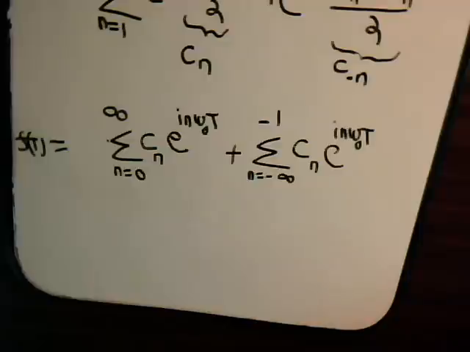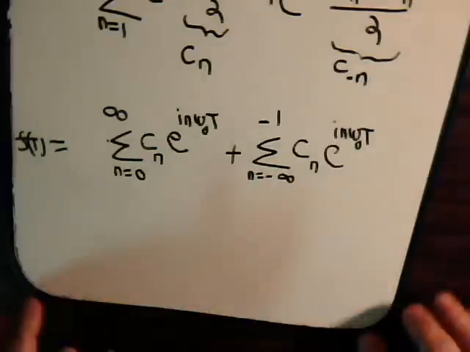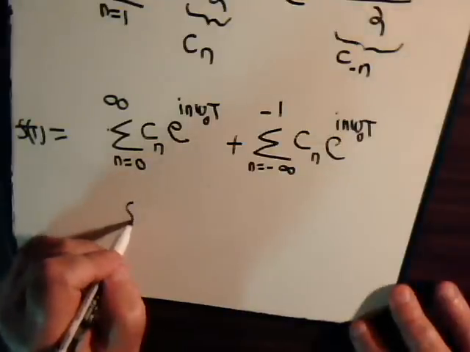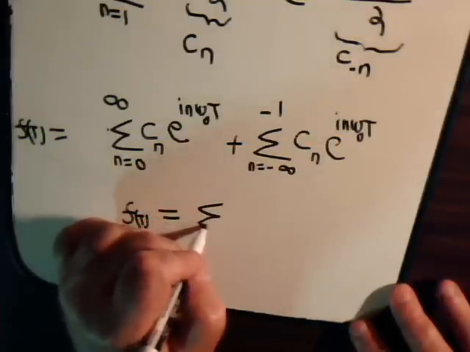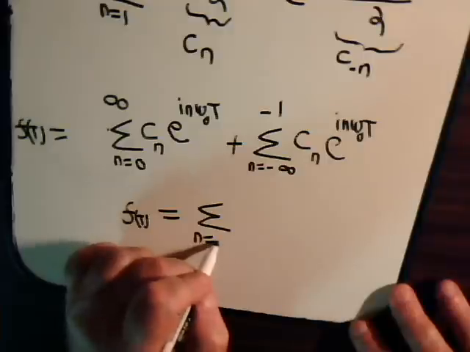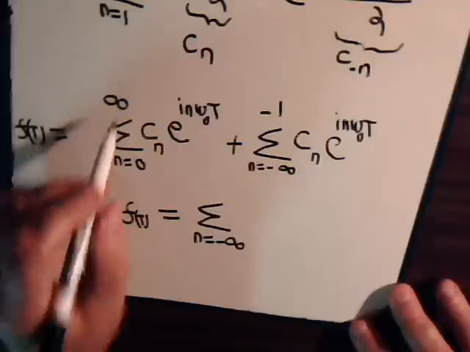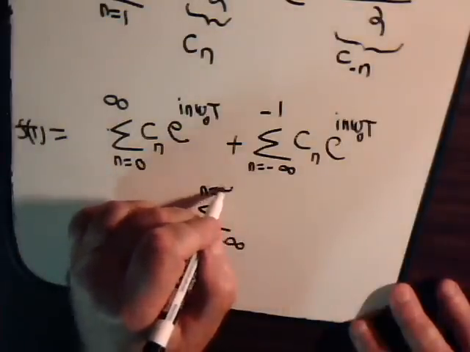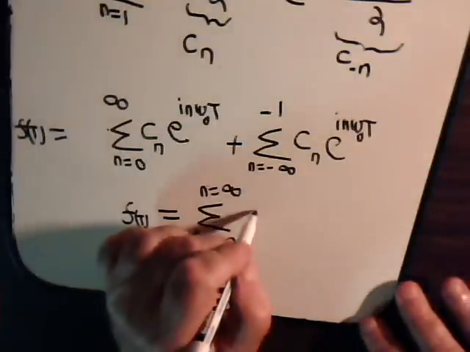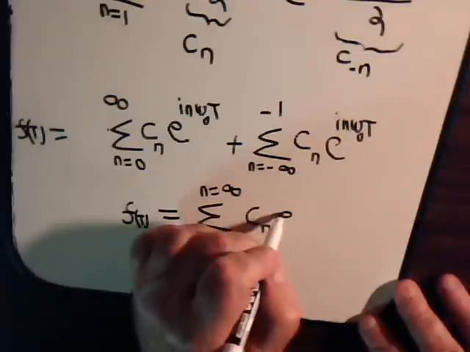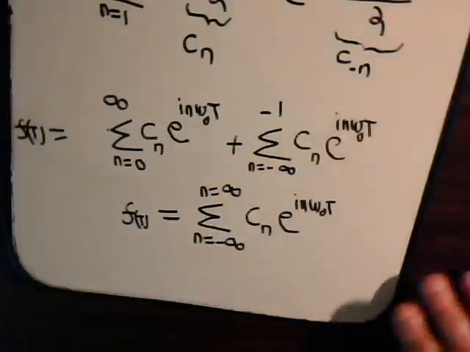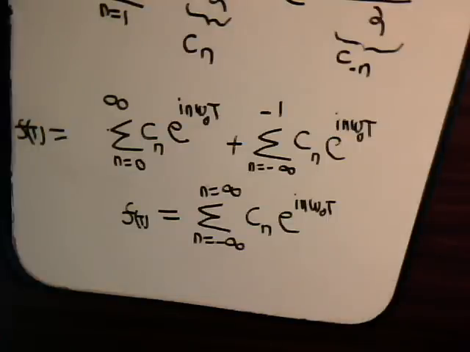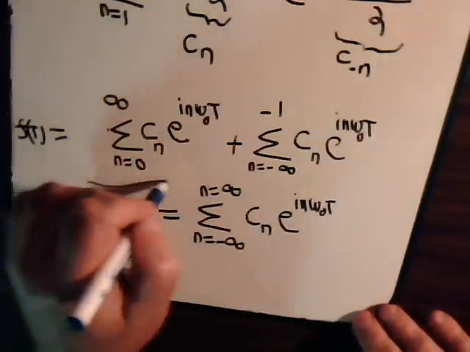So we can combine these into a single expression like this. f of t will equal the sum from n equal minus infinity to n equal plus infinity of c sub n e to the i n omega t. And that is the Fourier expansion when we're using the exponential form.